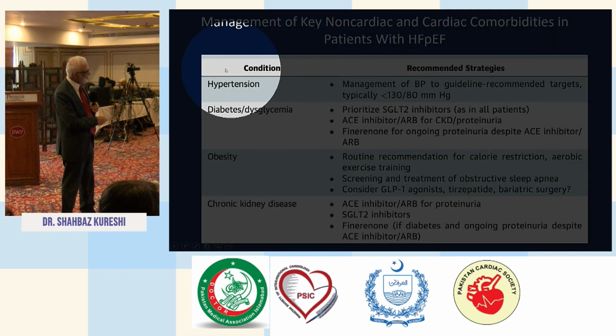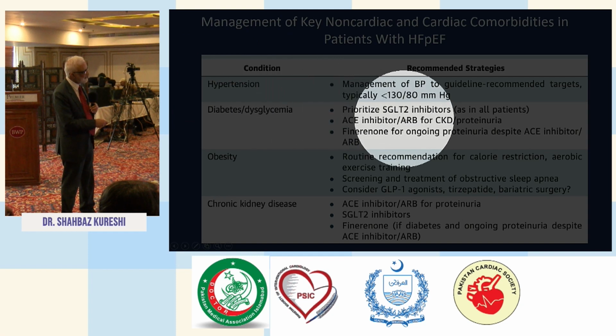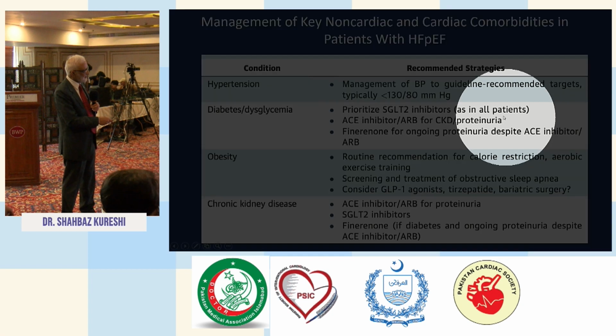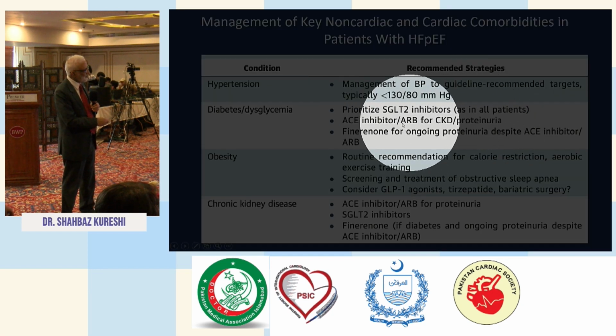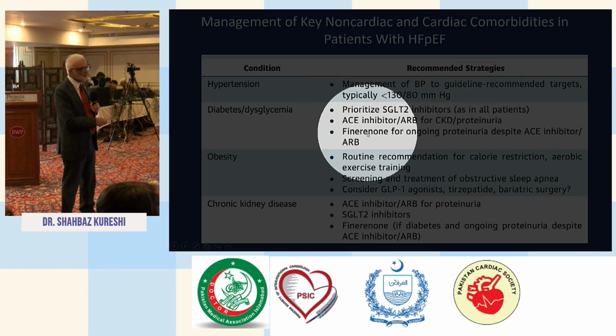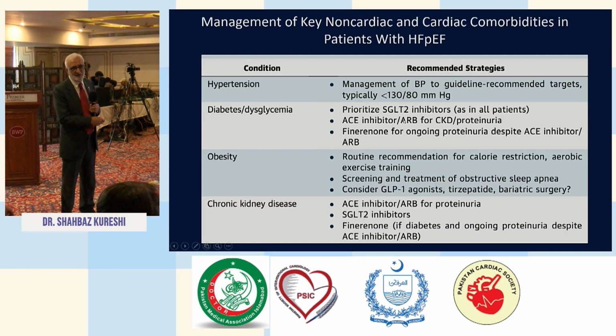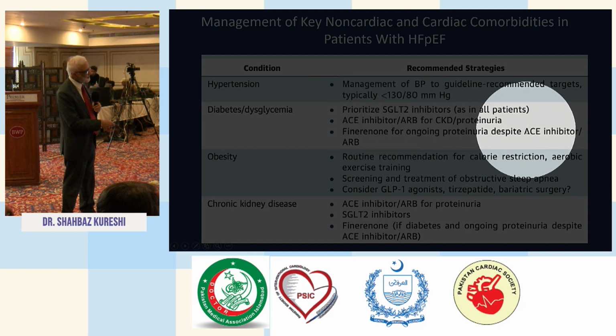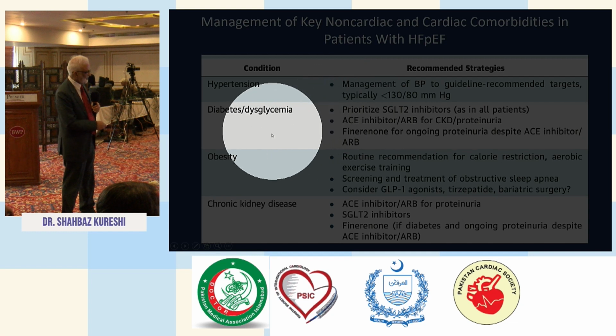We need to treat diabetes, prioritize SGLT2 inhibitors as in all patients, ACE inhibitors or ARBs. And now we have a new kid on the block as far as MRAs are concerned. We have finerenone for ongoing proteinuria despite ACE inhibitors.